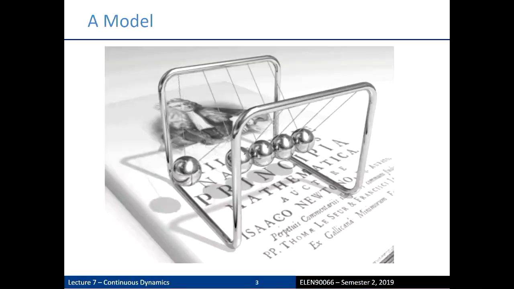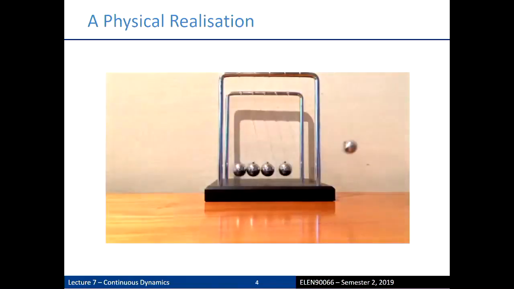I'll give you an example. There's a model. Okay, it's a Newton cradle, and the animation stopped. But anyway, you get the idea. It runs forever because they're elastic collisions, yada, yada, yada. And if you do that for a cheap, dodgy one you buy on the internet, what happens? Well, eventually, it's doing all right, but eventually it doesn't last long, right?